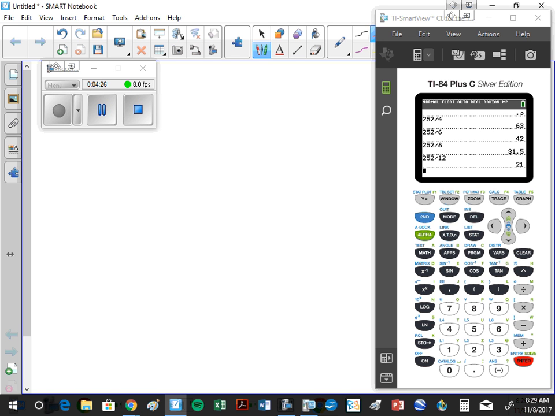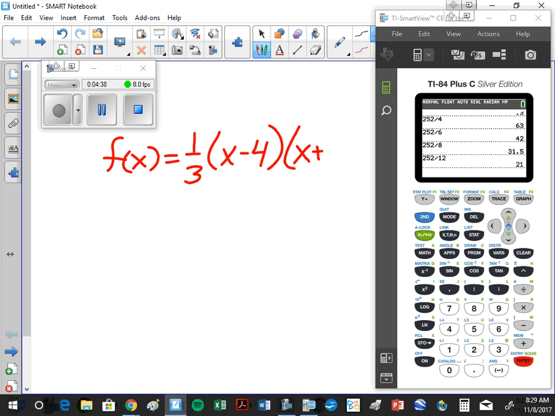Now we need to solve. It says find the zeros. If I had f of x is 1/3 times x minus 4 times x plus 1, what are the zeros of that function? What is a zero?